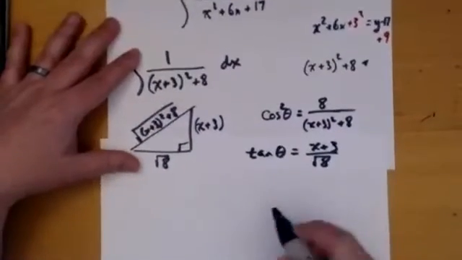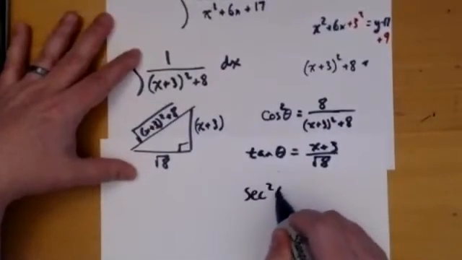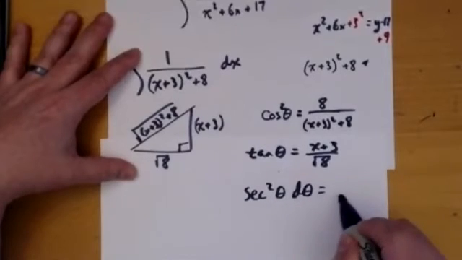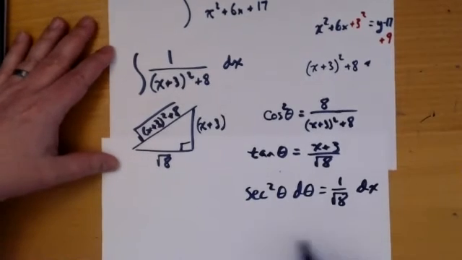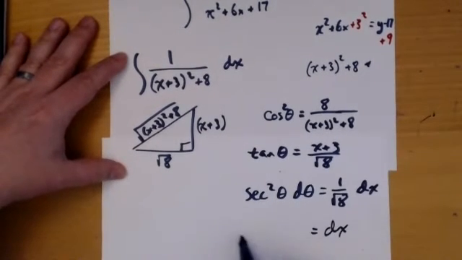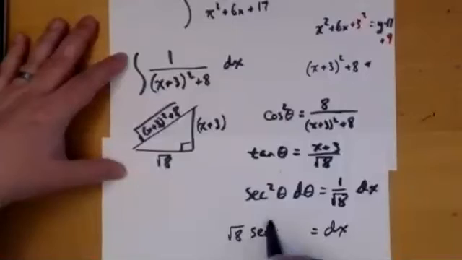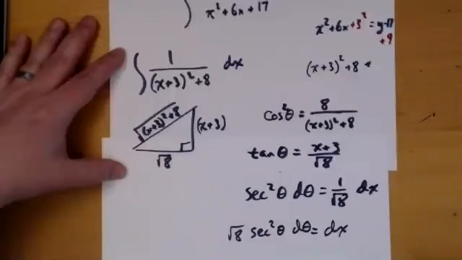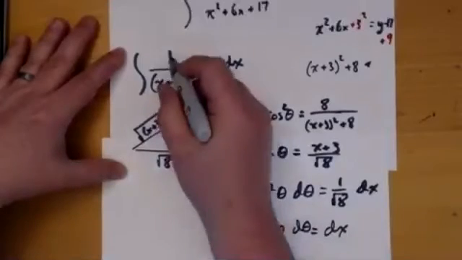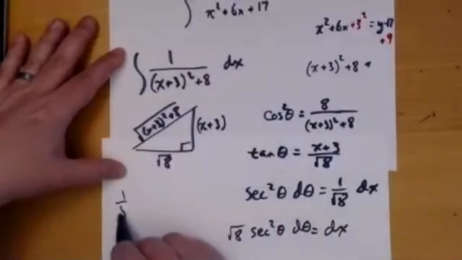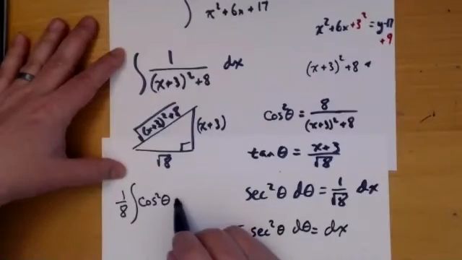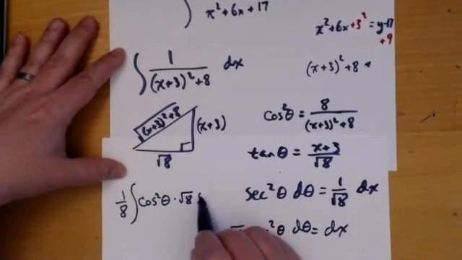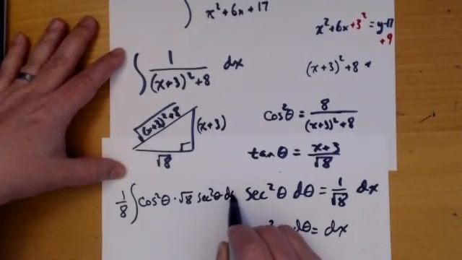And so the secant squared of theta d theta is equal to 1 all over the square root of 8 dx. So dx is equal to square root of 8 secant squared theta d theta. And now plugging all of my stuff in, I need an 8 and a 1/8. And my dx becomes the square root of 8 secant squared theta d theta.